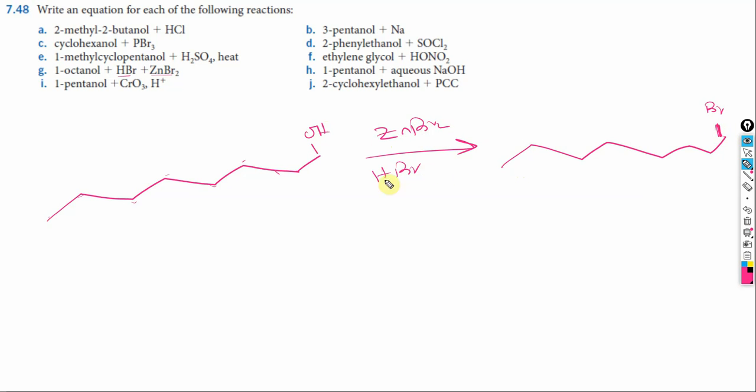So if you use zinc bromide, you're going to get the bromide as the product. That's pretty much all you need to know. The role of zinc is to make this OH a good leaving group so that you form the halide efficiently, because zinc is zinc 2 plus, and that coordinates with the oxygen, makes a bond with the oxygen, and makes this a good leaving group. So Br minus can take its spot to give you the alkyl halide.